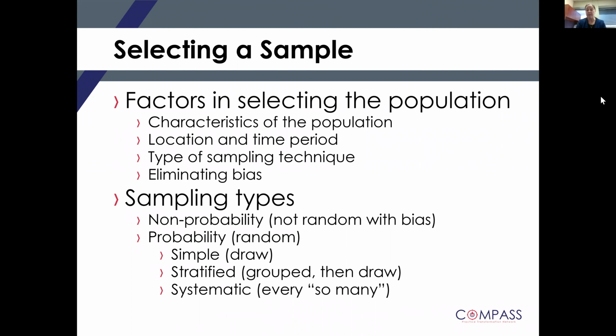There are also different types of sampling techniques, and we're going to talk about those a little bit here at the end of the slide. But we want to think about how our sample should eliminate bias, or not allow it to influence the results.